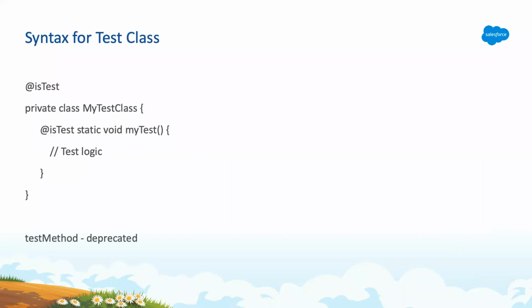Okay, so this is the syntax. We can annotate each test class, and then Salesforce will identify that class as a test class, as well as we have to define our test methods by annotating each test method.